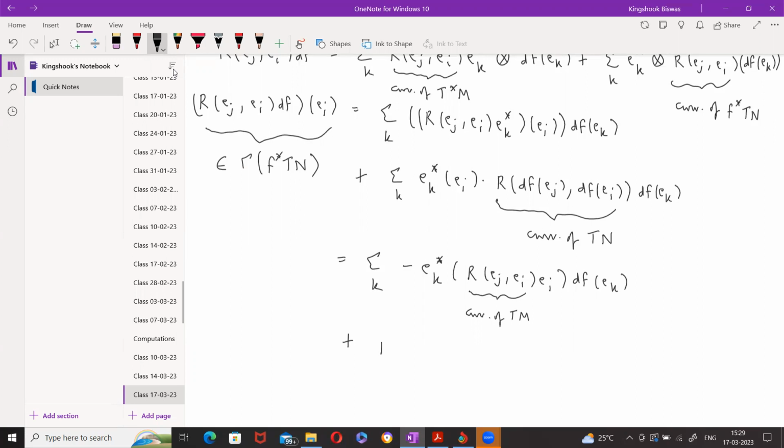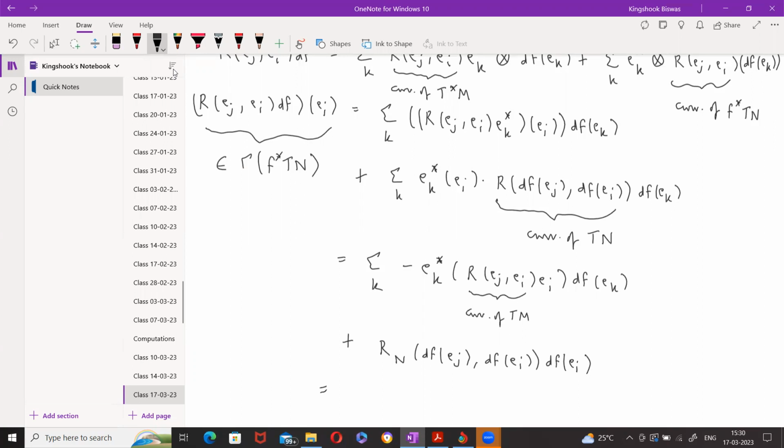So this is now R_N of DF E_J, DF E_I acting on DF E_I. Okay, so that's one term.